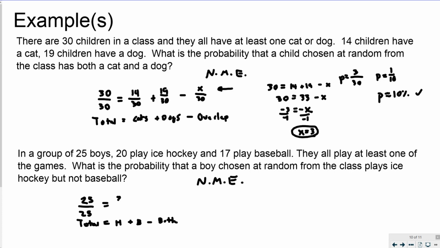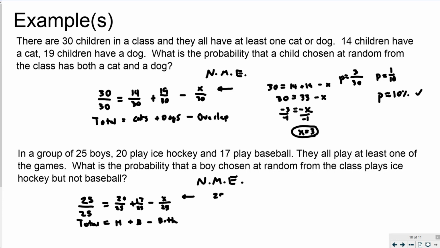So we've got 20 out of 25 play hockey. We've got 17 out of 25 play baseball. And we need to find how many play both, which is X out of 25. So just like in the previous example, we're going to use the equation on the bottom.